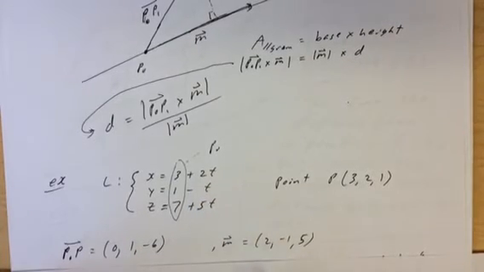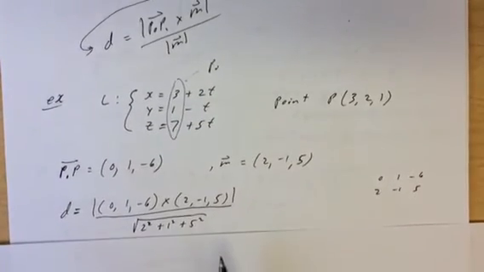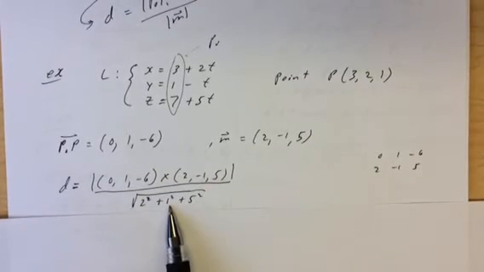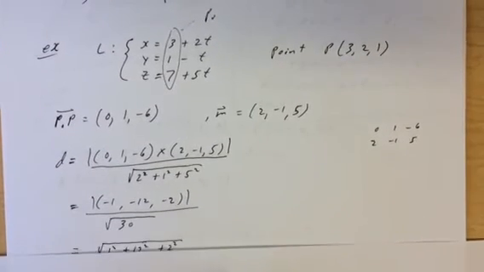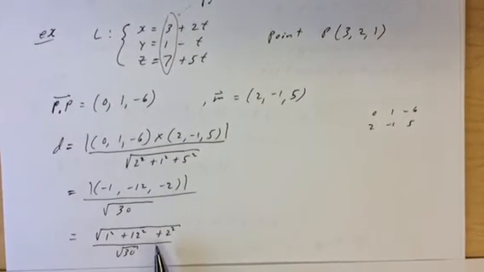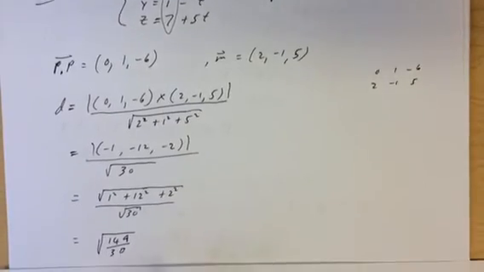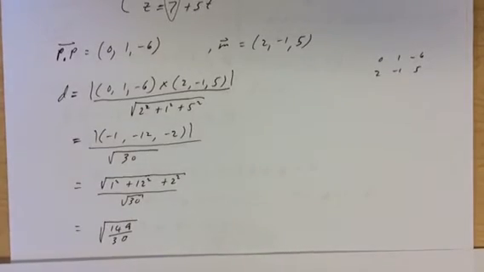I'm going to plug it into the formula: cross product those two vectors, divide by the magnitude of m. When you've done that, you get this part here. You take the magnitude of that vector on top, and the answer for that one is root 149 over 30. So that's the distance from a point to a line in 3 dimensions.